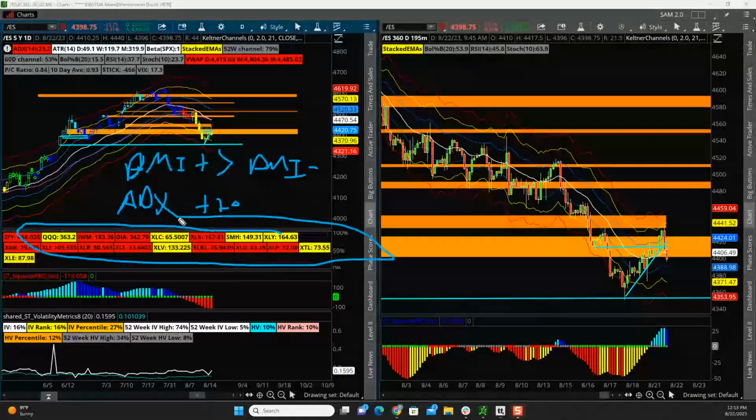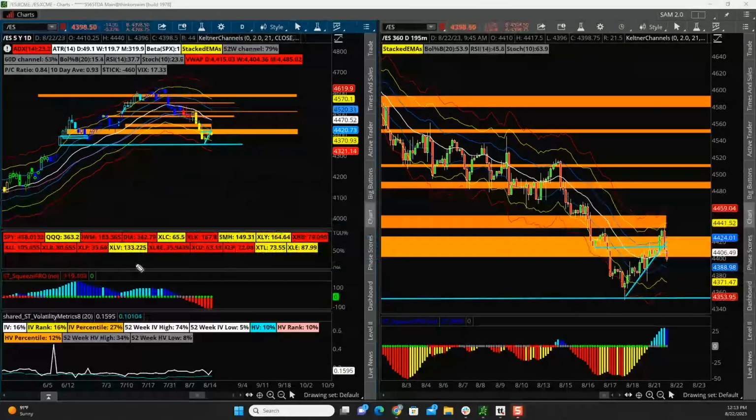They were green not that long ago, but as you can tell by looking up here, the market has certainly changed its mind. So that is how and what that information does. And I'll show you where you can get these as well in a moment.